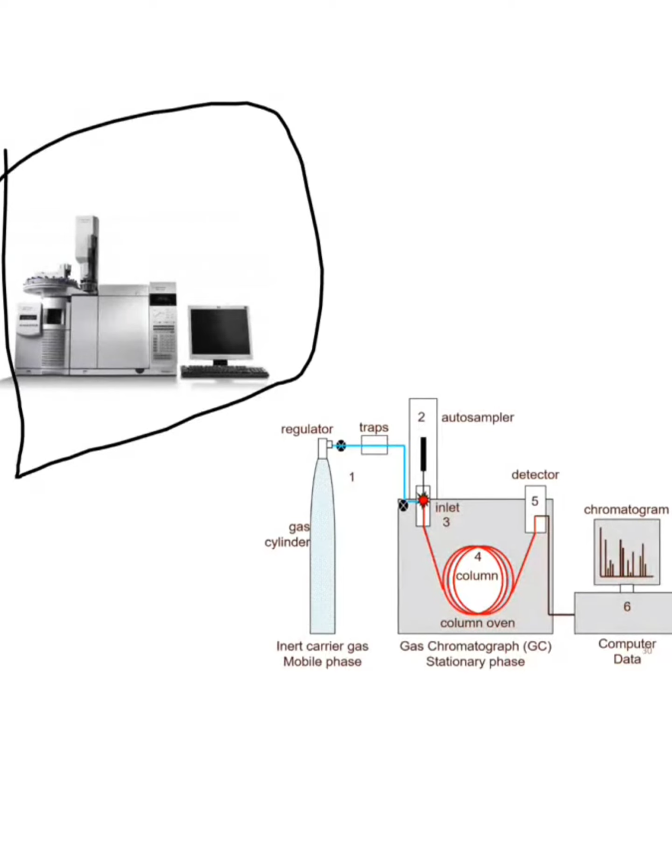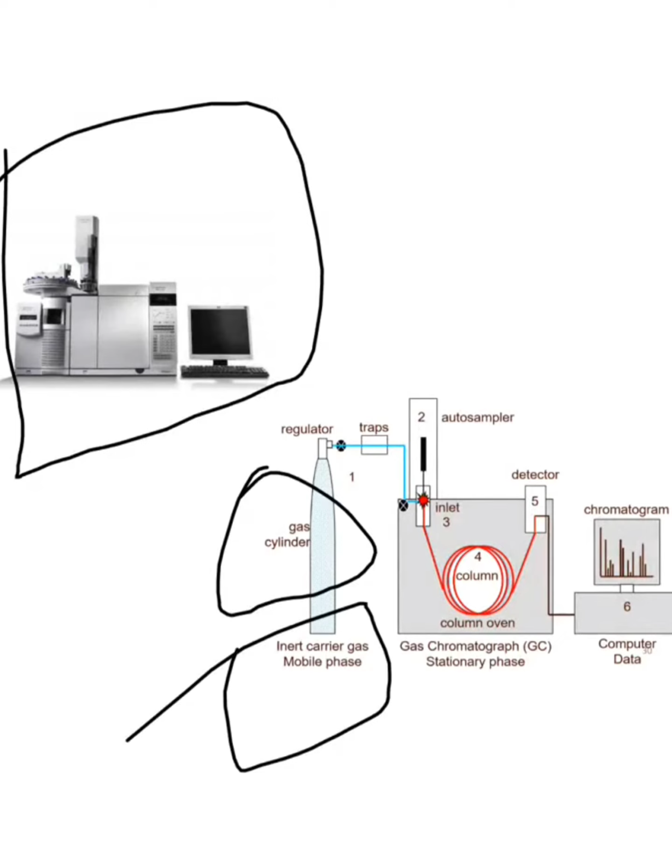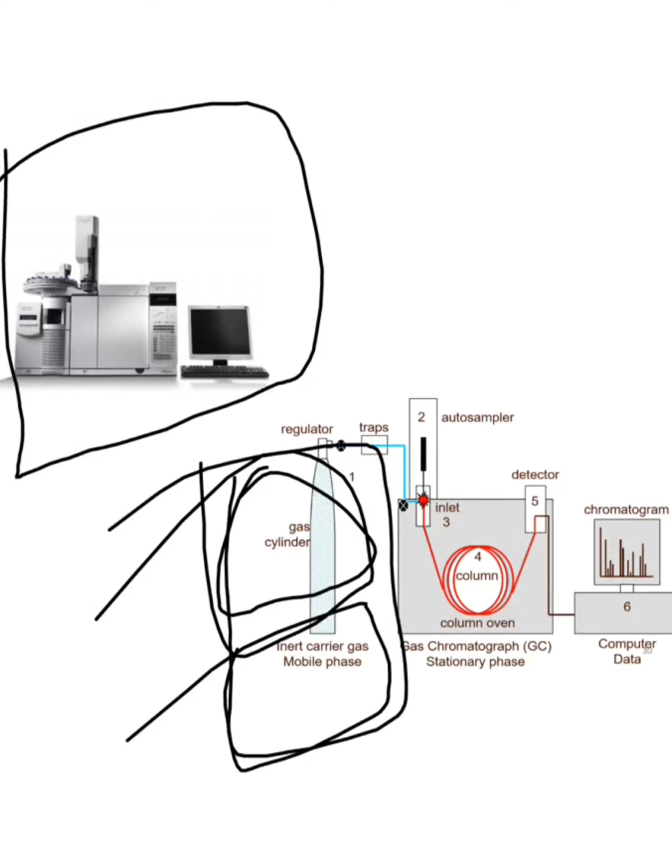In this gas chromatography, we are using gas or inert gases, helium, hydrogen. What are the different inert gases? Helium, hydrogen, nitrogen, carbon dioxide, argon, krypton, several different inert gases. Depending on the samples, we are going to use different carrier gases for the separation of the compound mixture. So this gas itself acts as a mobile phase here.